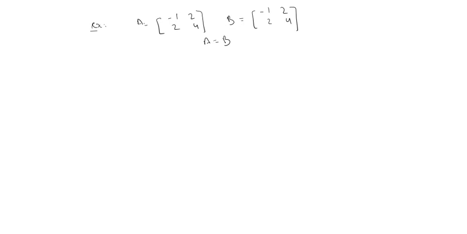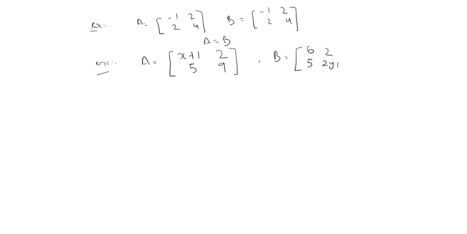Now if we see one example, suppose A is given as x plus 1, 2, 5, 9. Say B is given as 6, 2, 5, 2y plus 1.